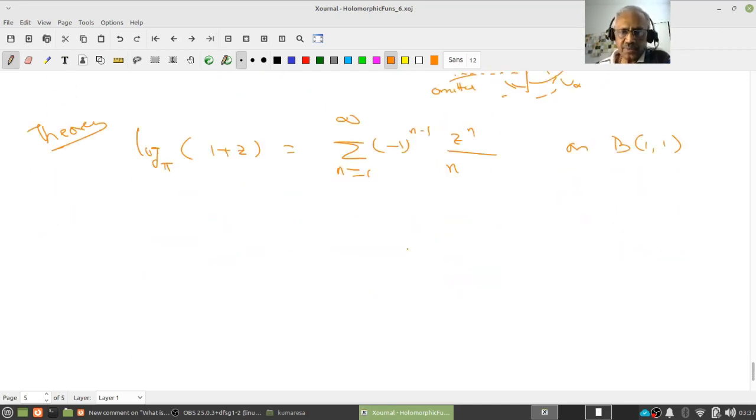Now I already explained that this power series has a radius of convergence 1 by the ratio test.